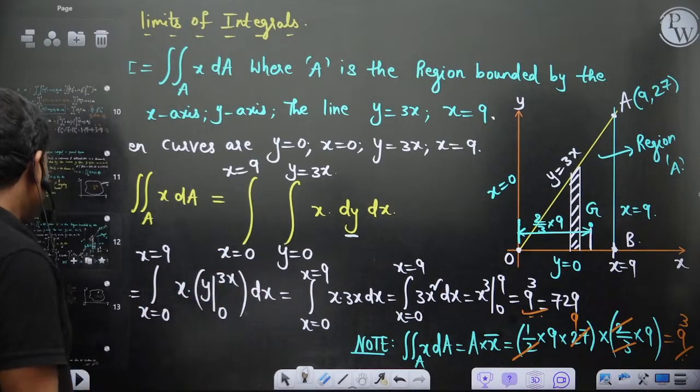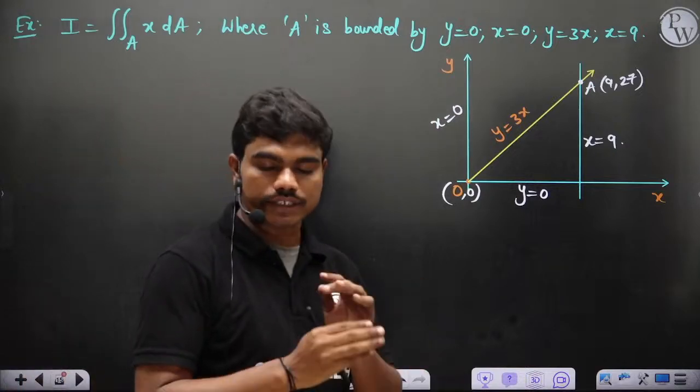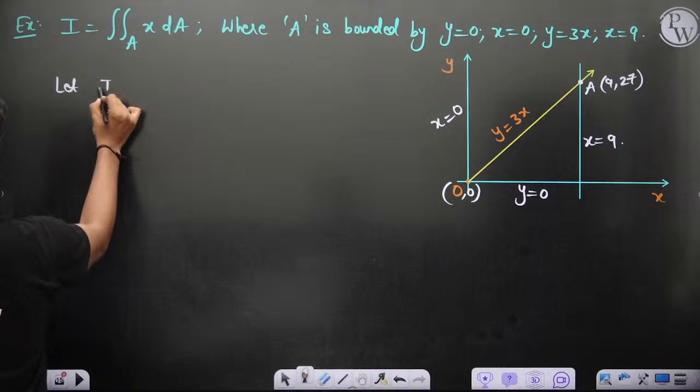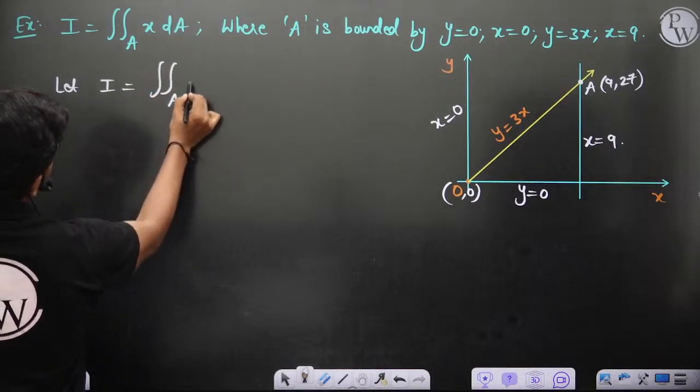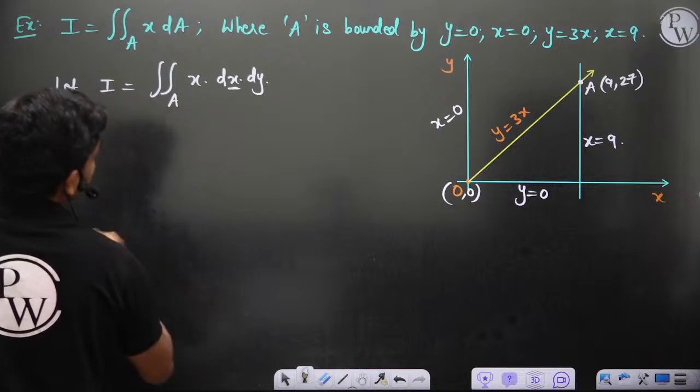Now we solve the same question by taking x as the first variable of integration. So let I is equal to integral over A of x dx dy. You have chosen x as the first variable of integration.